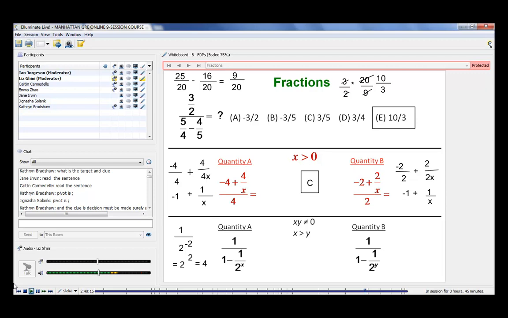It's not 1/4, it's 4. You know that 2 to the negative 2 would be 1/4, but 1 over 1/4 is going to be 4. This is tricky. So with negative numbers, it reverses, and the answer is D, because you could have a negative.